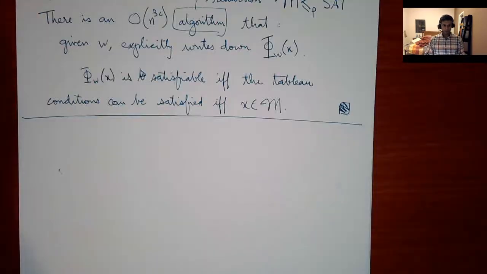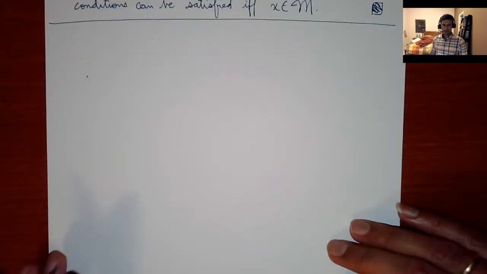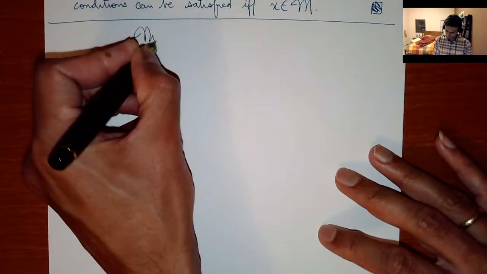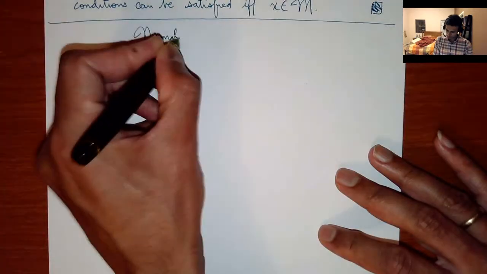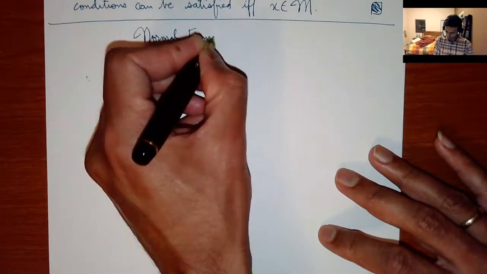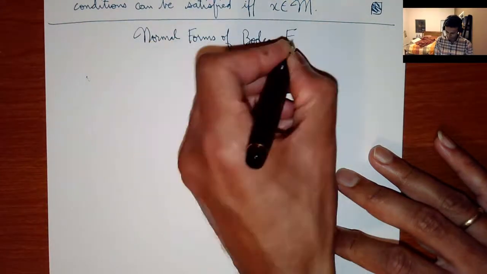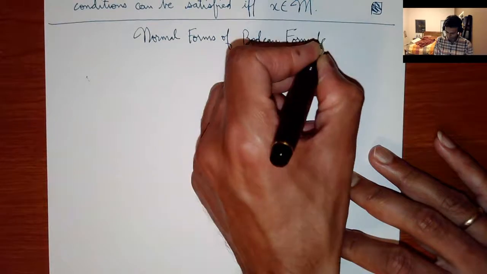Now that we've proven that SAT is NP-complete, let's look at specific subversions of SAT that also happen to be NP-complete. So we're going to look at normal forms of Boolean formulas.